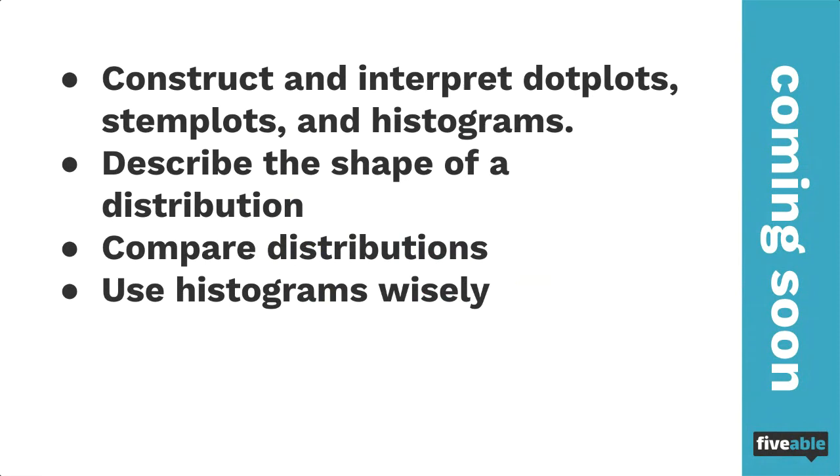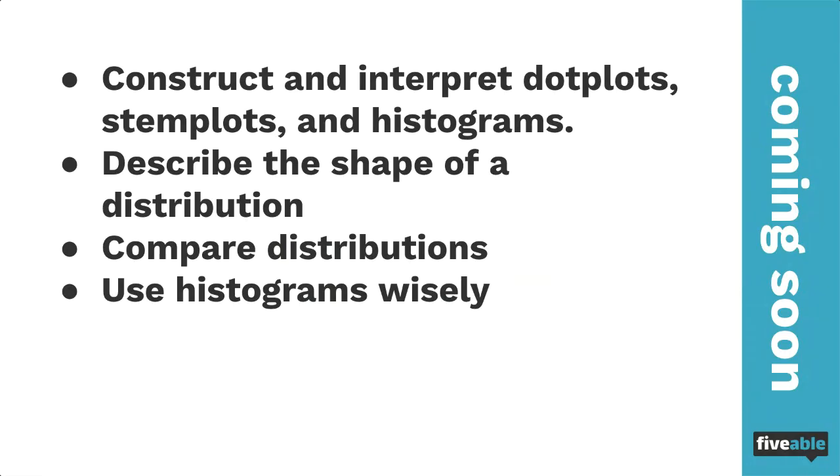So we're going to start with constructing and interpreting different forms of displaying quantitative variables. We have dot plots, stem plots, and histograms. We're also going to describe the shape. This is the really important part, describing distributions, and that's going to be a really important thing for us moving forward. We also want to compare distributions, and when we compare distributions, we're looking for specific language.